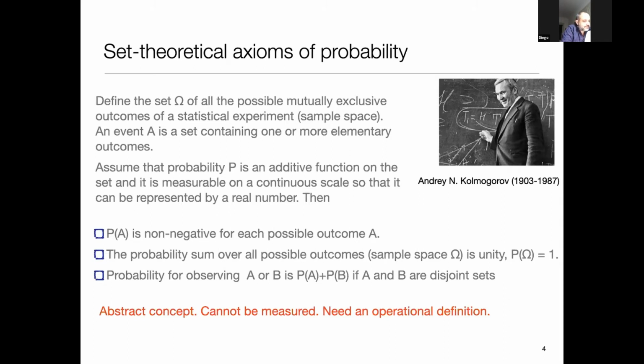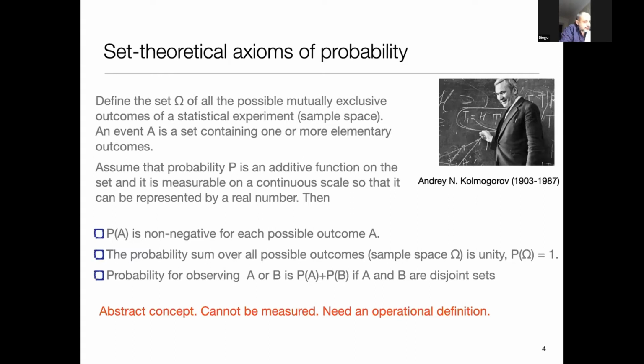Basically, if you have a statistical experiment, and you define the set omega, big Omega, of all the possible mutually exclusive outcomes of this experiment, so it can have outcomes A, B, C, etc.